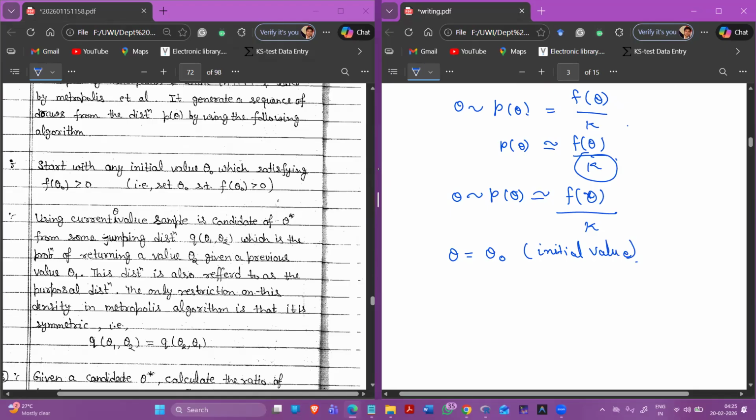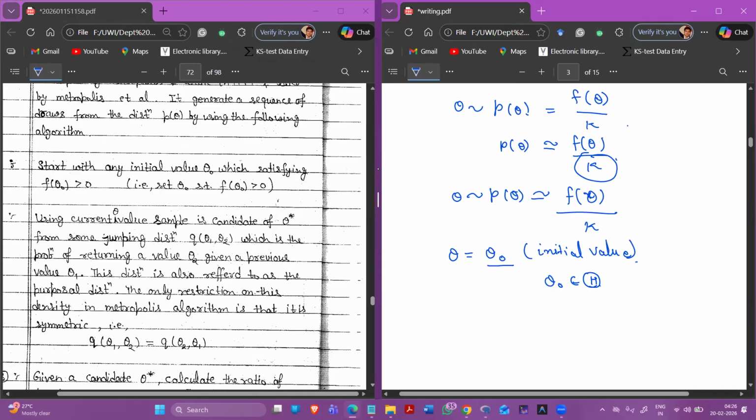I am free to give the value theta naught here, but I need to be careful that whatever value of theta naught I provide should lie in the range of theta.